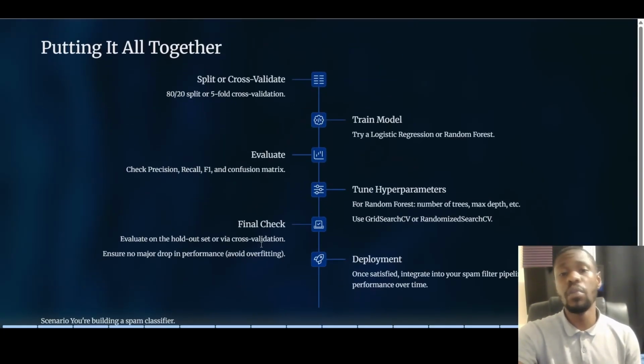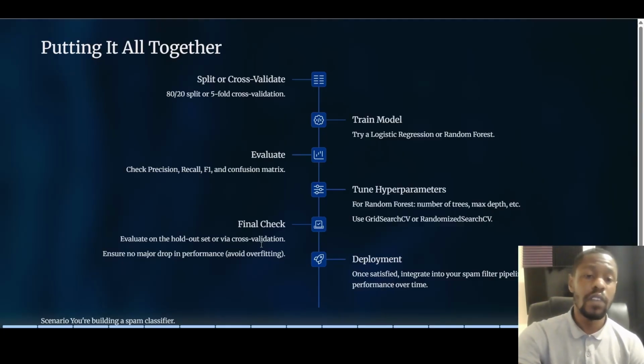So what does that look like? What does it look like when we put all that together? We split the data or cross-validate, 80-20 split or 5-fold cross-validation. We then train the model. We try a logistic regression or random forest, for example. We evaluate. We check the precision, the recall, the F1 score, and the confusion matrix. We tune the hyperparameters for random forest, number of trees, max depth, etc. Or use grid search CV or randomized search cross-validation.